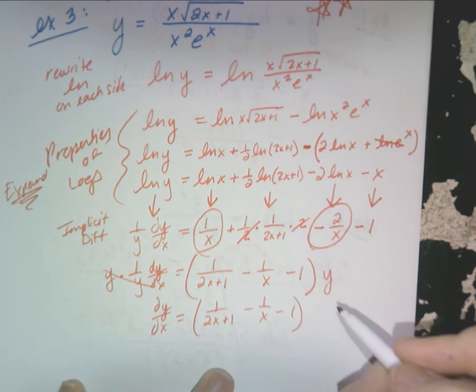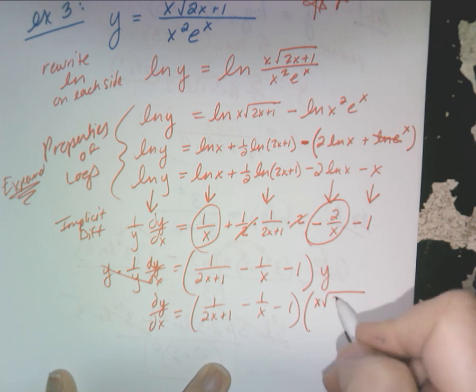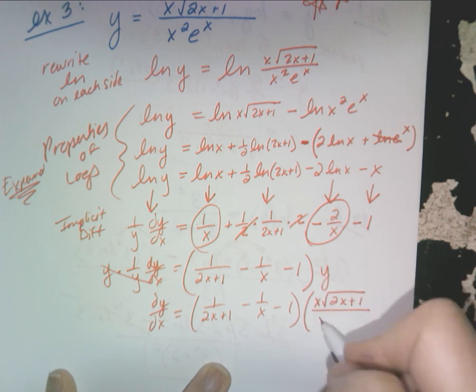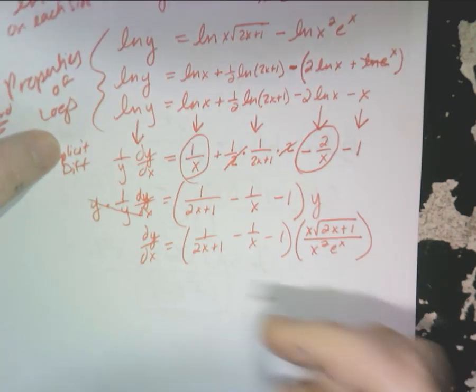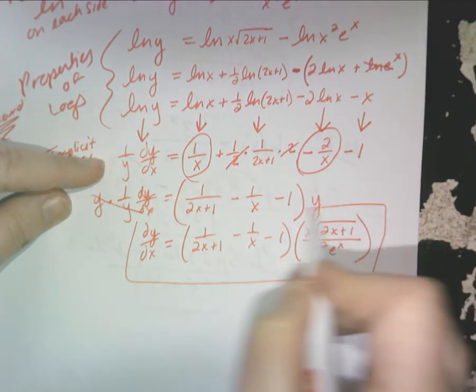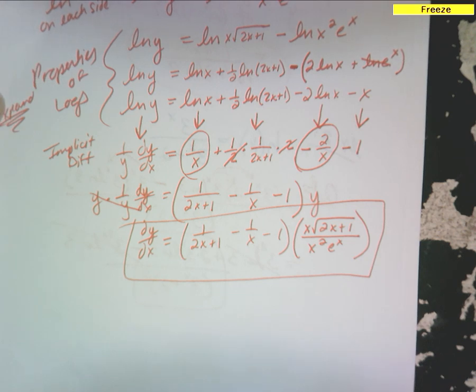If you want to write it as one fraction, you'd be even better, times x square root of 2x plus 1 over x squared e to the x. And that way, if they ever gave you just an x, you know how sometimes we just get just the x? We have to figure out the y to plug it in. You could do the problem with just the x then, is what I'm trying to let you know. Look at this goodness.